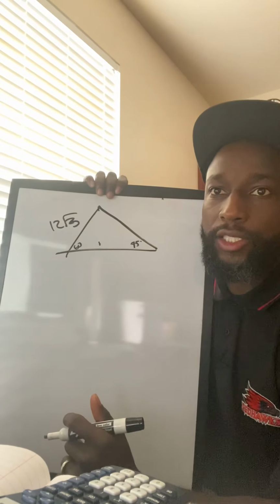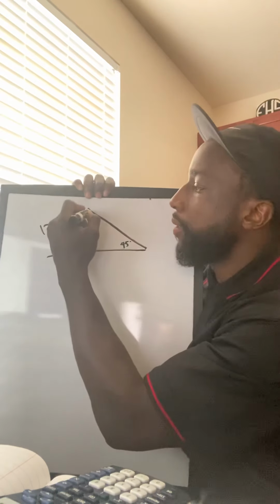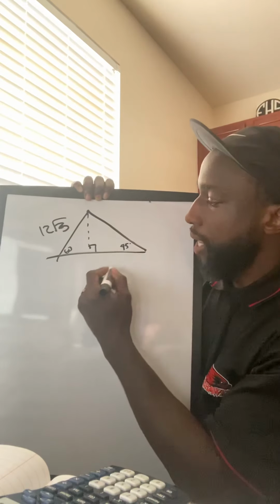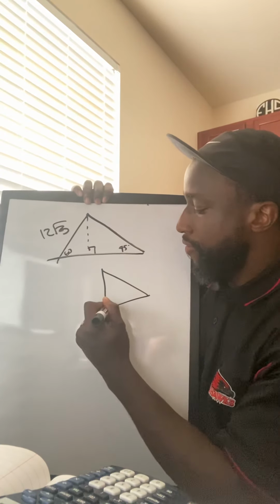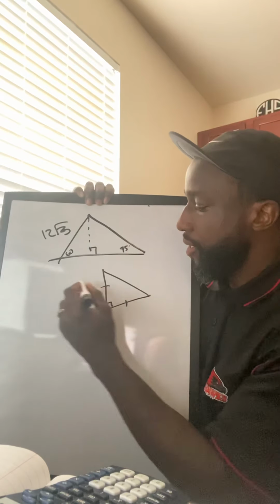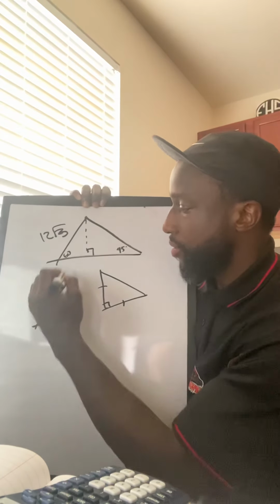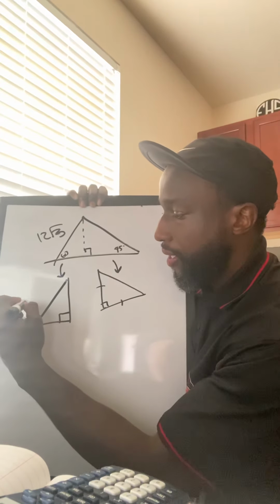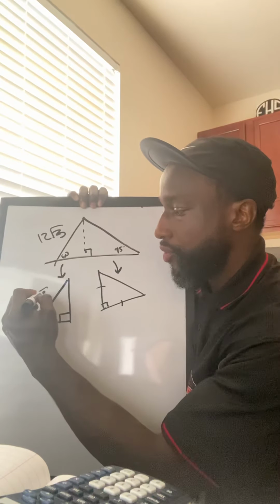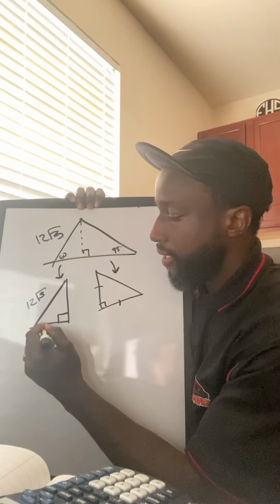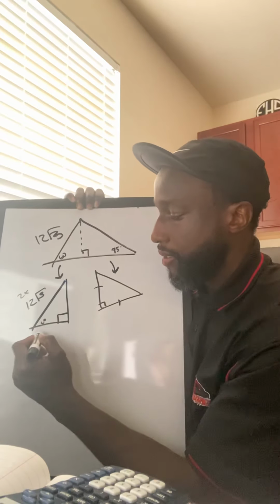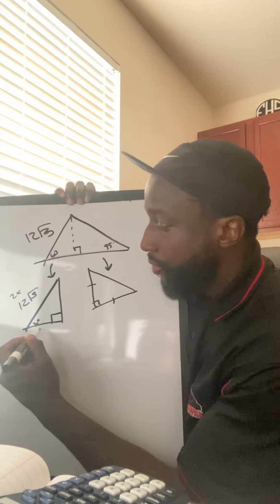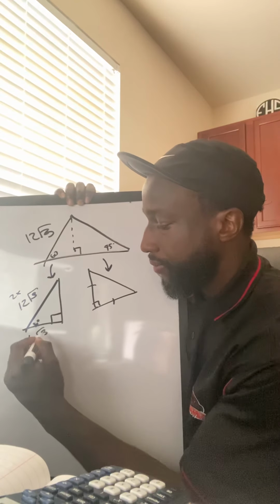What happens is when you draw this diagonal here, for height, you create 2 right triangles. You've got this right triangle, which is a 45, 45, 90 triangle. And then you've got this triangle, which is a 30, 60, 90 triangle, right? If the hypotenuse is 12 root 3, for 30, 60, 90, this is the 2x side. So this is going to be half of 12 root 3, which would make that 6 root 3, okay?